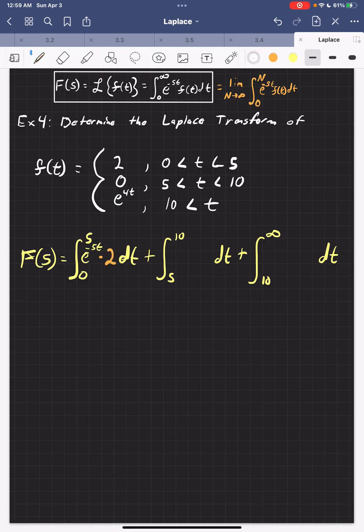Of course, the next one is going to be e to the negative st, and now your function, for the second piece of your piecewise, is just f of t is equal to 0. And for that final piece, you have e to the negative st, and your function is equal to e to the 4t.